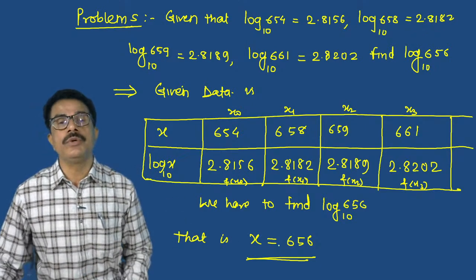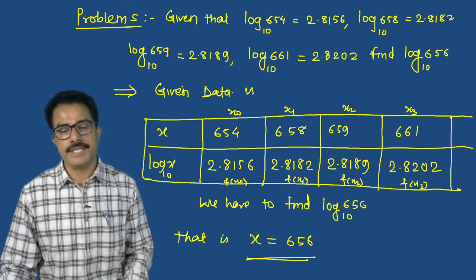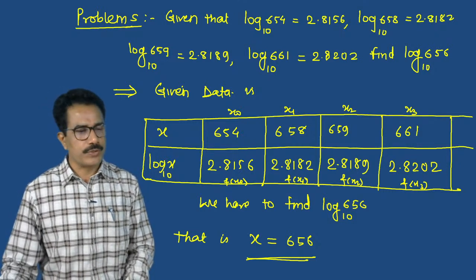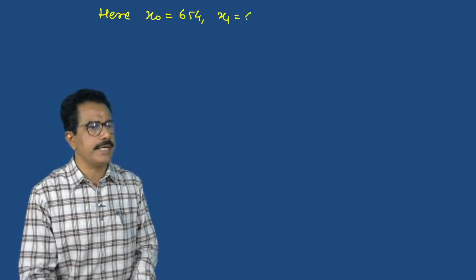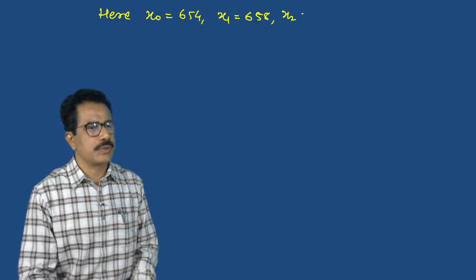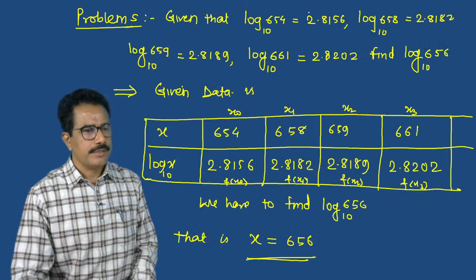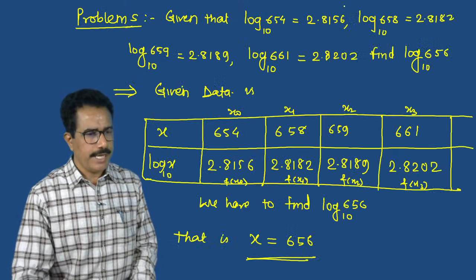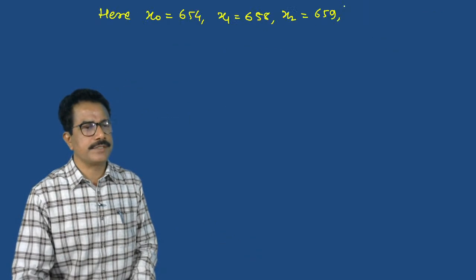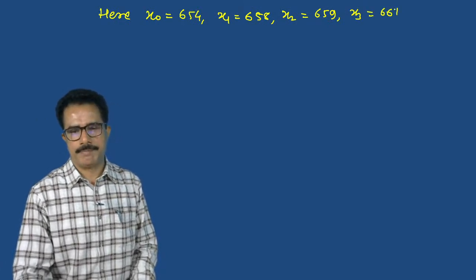Now we have to use the Lagrange's interpolation formula, so we can write here x0 is equals to 654, x1 is equals to 658, x2 is equals to 659, and x3 is equals to 661.